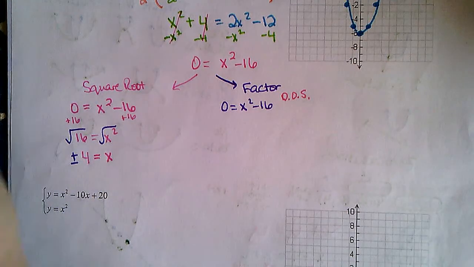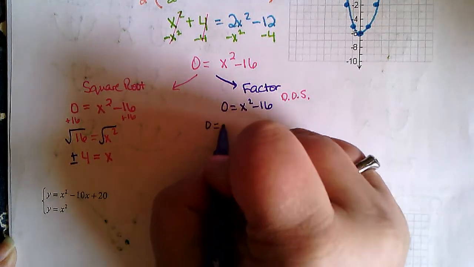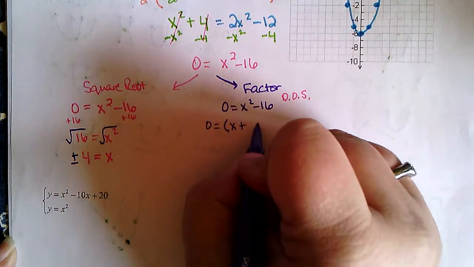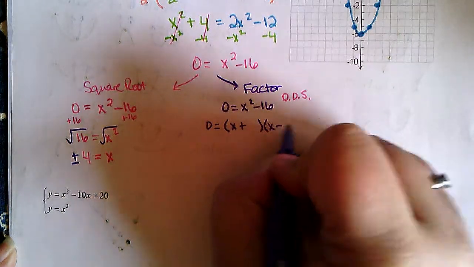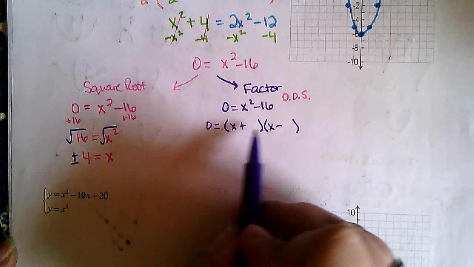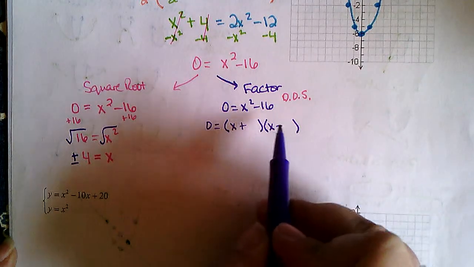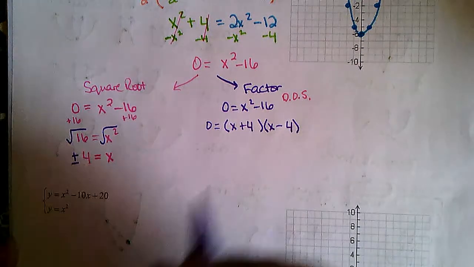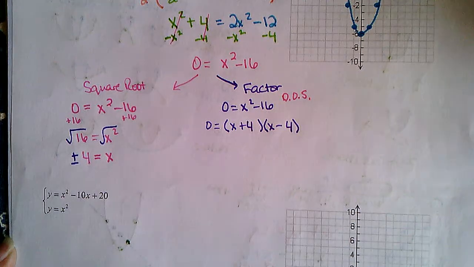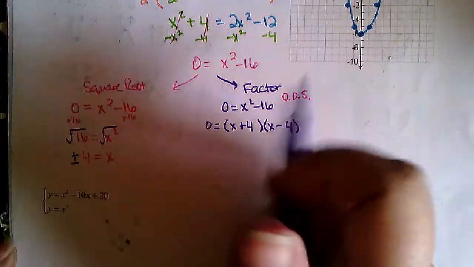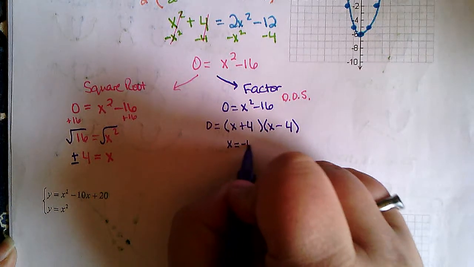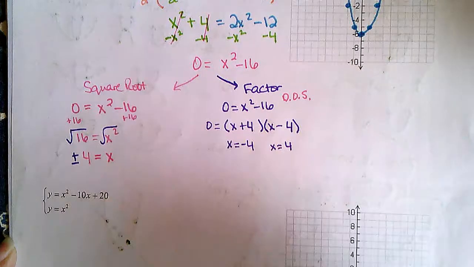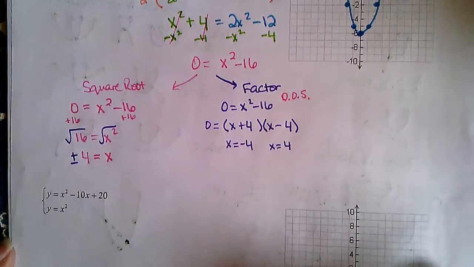You can find that back in your 4-5B notes if you don't remember how to factor this. It factors as x plus and x minus, because x times x gives me x squared. And what times itself gives me 16? Well, 4 and -4. Or sorry, gives me -16. So when I set them both equal to 0 and solve, I get -4 and 4. Same thing, -4 and 4.